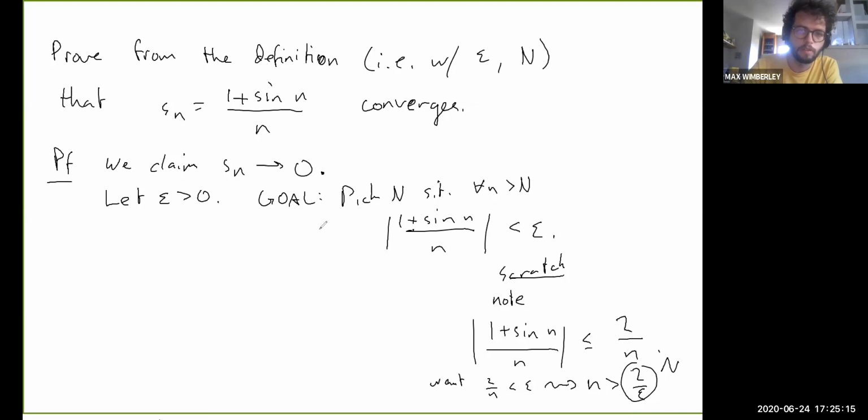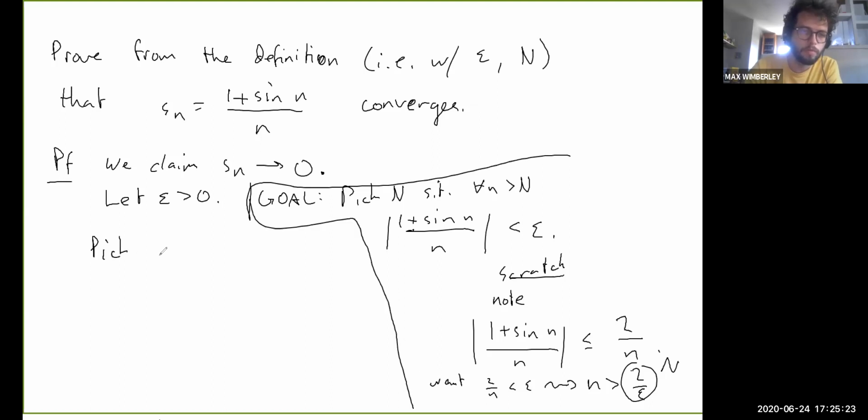So that was all kind of separate scratch work. Now, pick capital N to be 2 over epsilon.